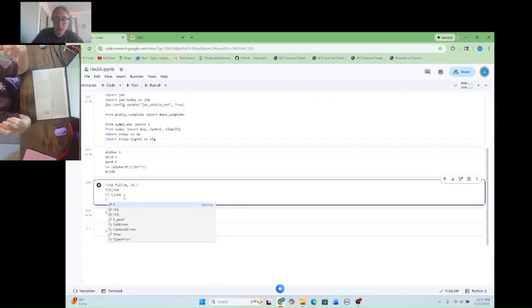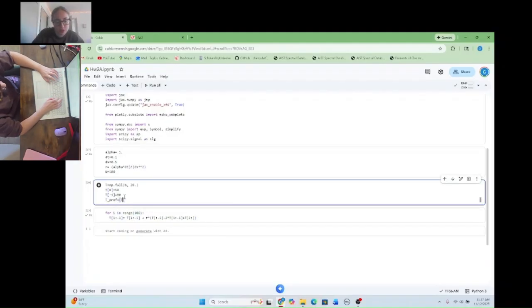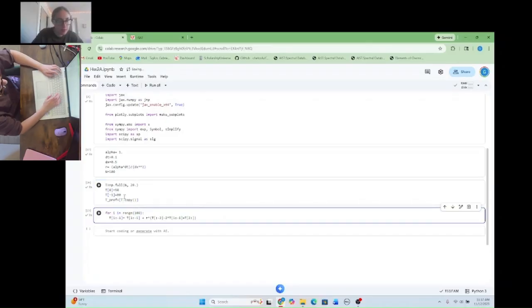So this is going to be our temperature profile. So t_profile is going to equal, like this, and you can do t.copy().